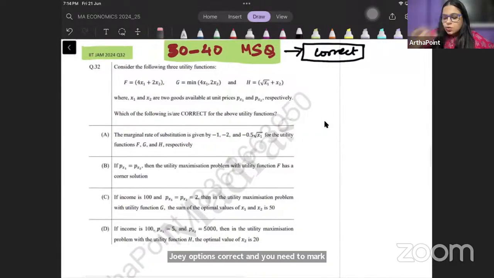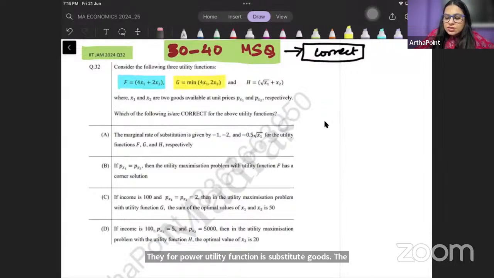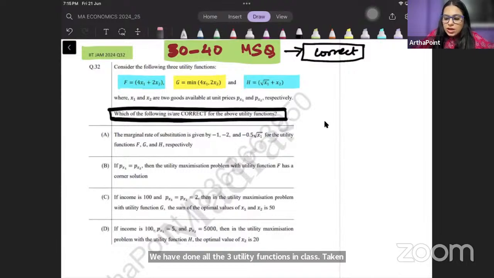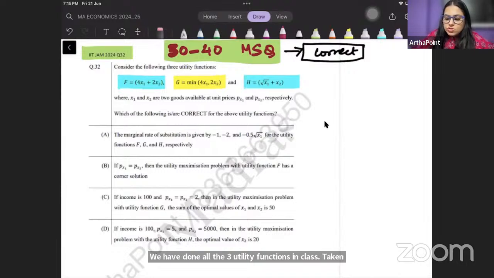Okay? Look here. You are given 3 utility functions. Dekho, pehla utility function is substitute goods. The second utility function given to you is min function. And the third utility function given to you is quasi-linear. We have done all the 3 utility functions in class. It says which of the following is or are correct for the above utility functions. And you are given 4 options here.